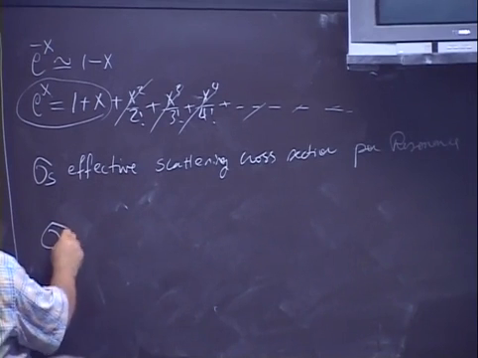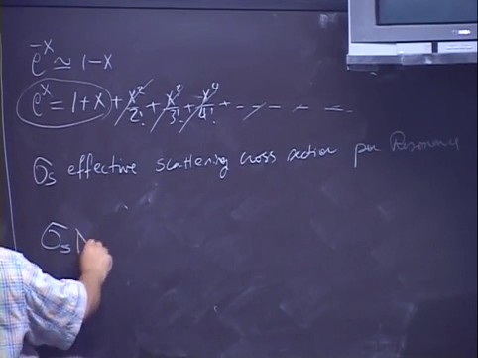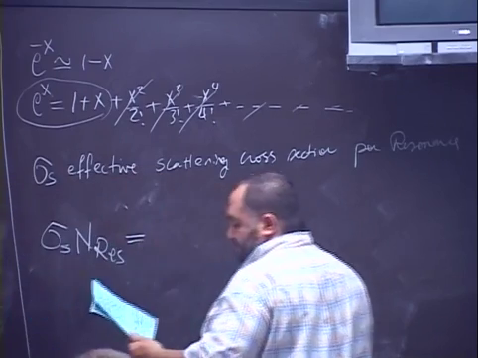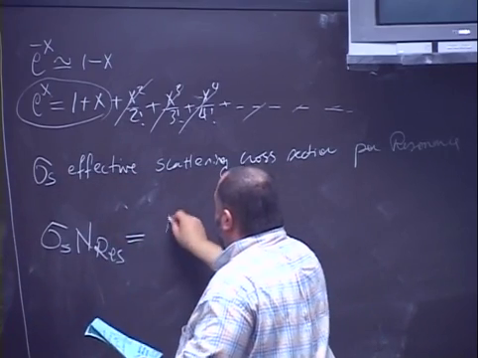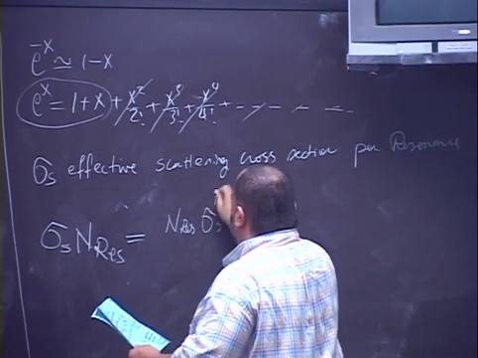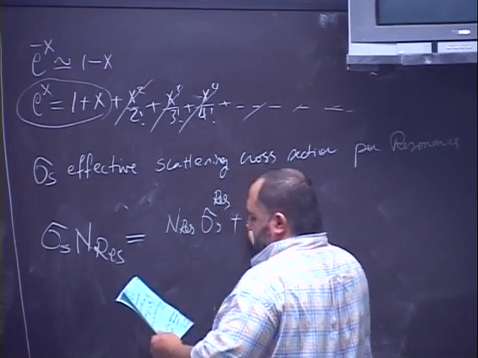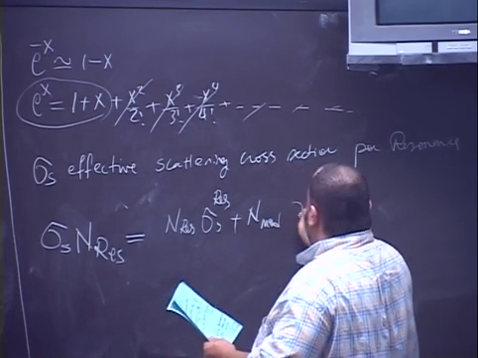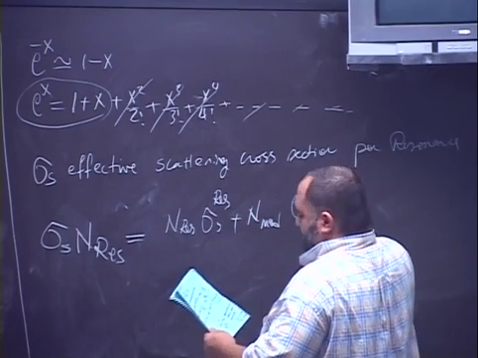So sigma scattering effective multiplied by N resonance, the number of resonance nuclei, is just equal to N resonance multiplied by sigma scattering for the resonance nuclei plus N moderator for the moderator nuclei multiplied by sigma scattering for the moderator nuclei.